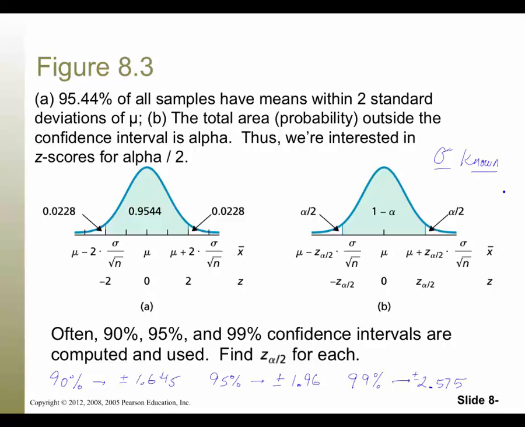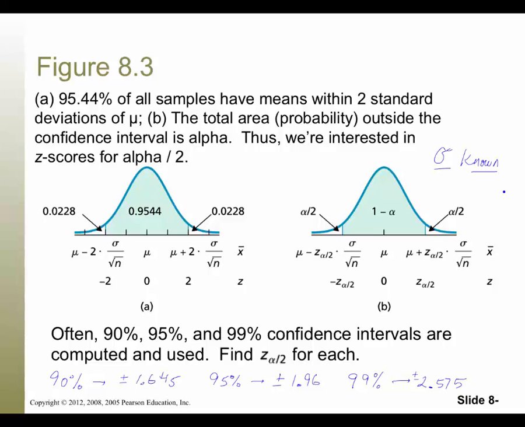When the standard deviation of the population is known, then we could use the standard deviation of our sampling distribution, sigma divided by the square root of n. And then we could form these confidence intervals based on how much confidence we wanted.